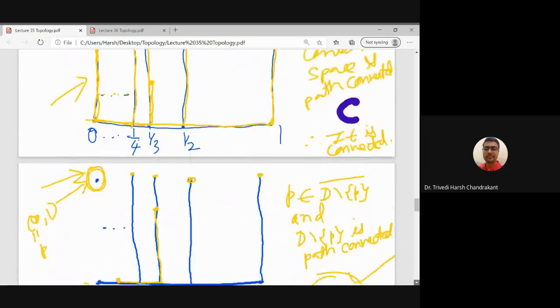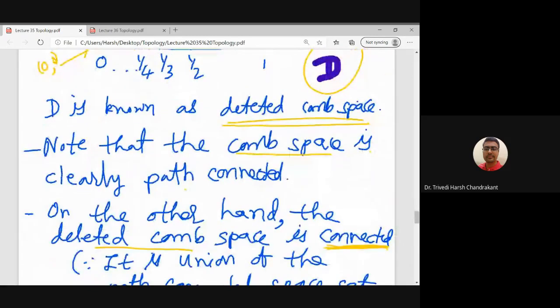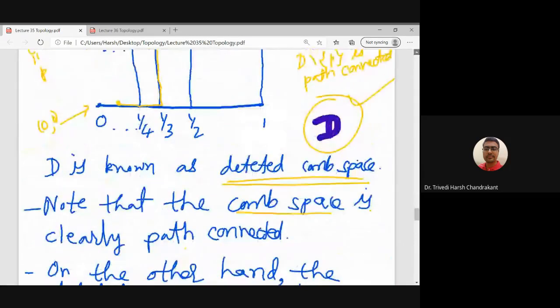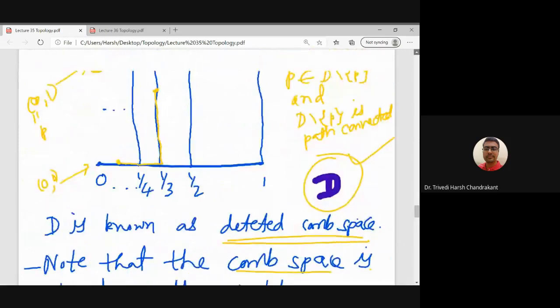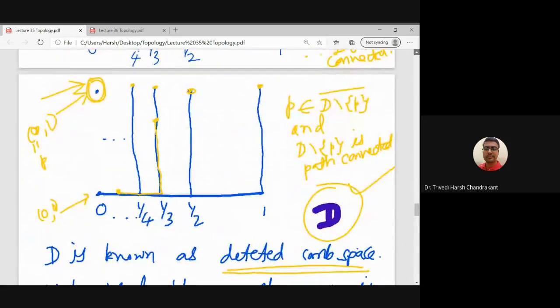On the other hand, if we remove some points from the comb space, basically the points on the y-axis between 0 and 1, then we get a new set which is known as the deleted comb space.